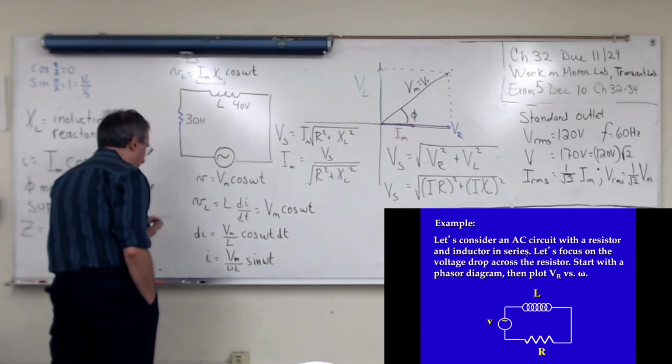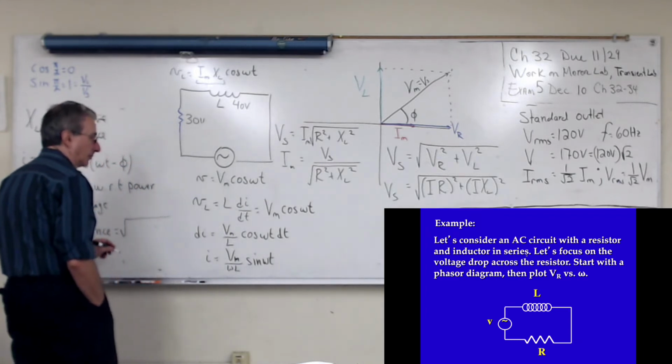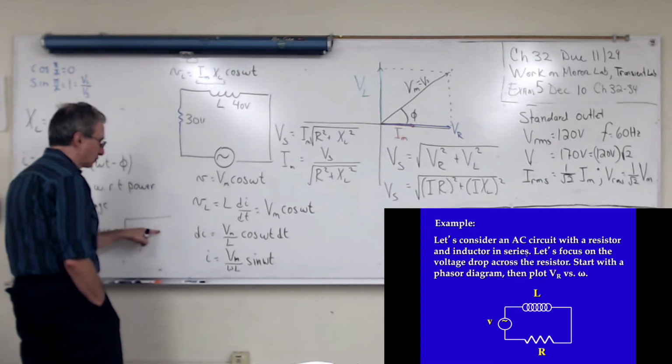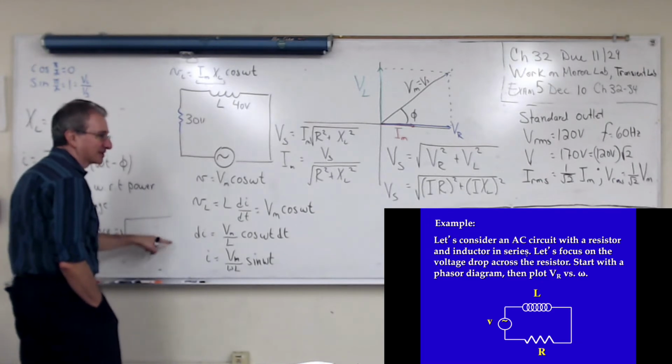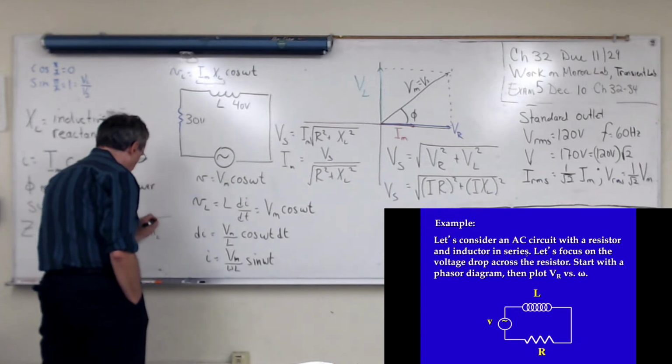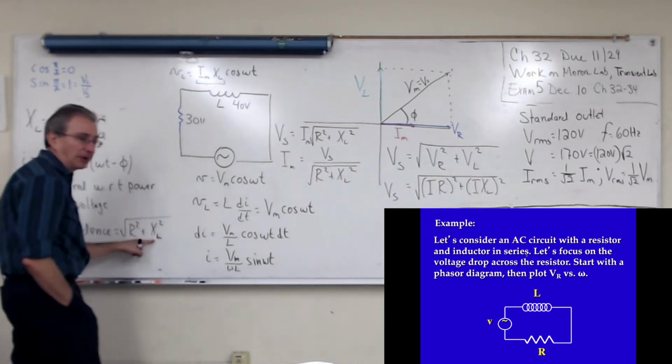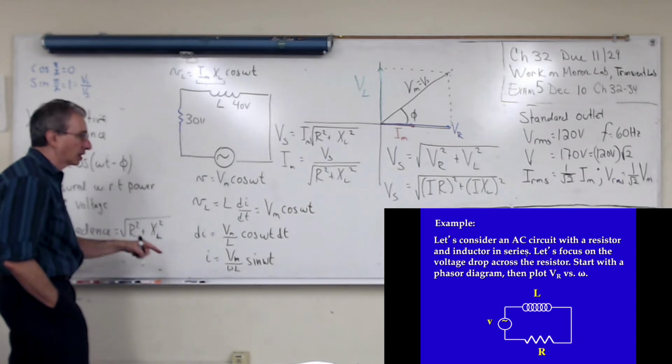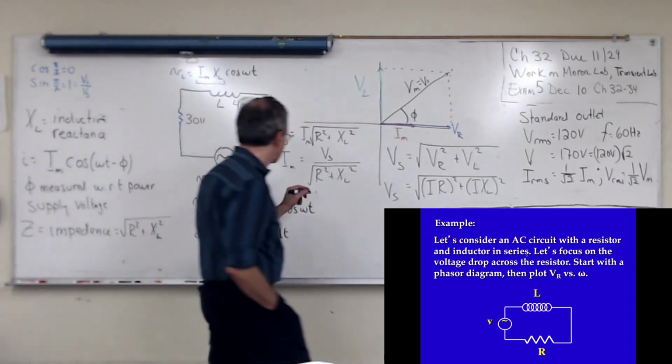Normally I introduce this later, but it's the square root of R squared plus whatever the other term is. When we add the capacitor in the circuit, I'm going to add another term in here. So this is the impedance.